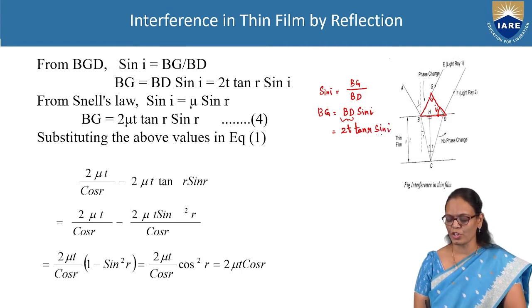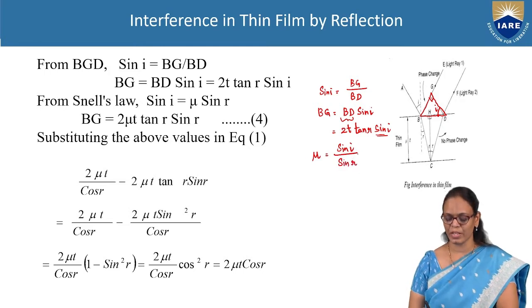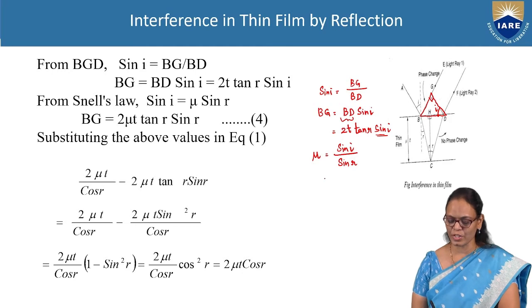Now we are going to substitute for sin i also. We know from Snell's law mu is equal to sin i upon sin r. This is our famous Snell's law. The refractive index is given by the ratio of the sine of the angle of incidence to the sine of the angle of refraction. So we can substitute sin i is equal to mu sin r.